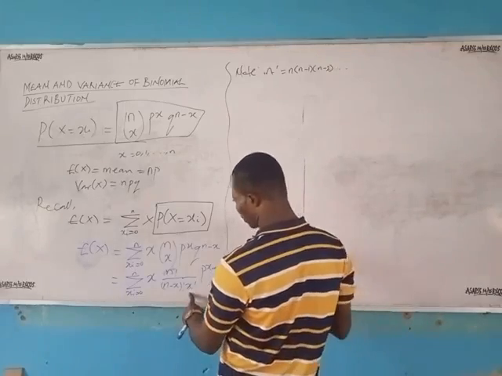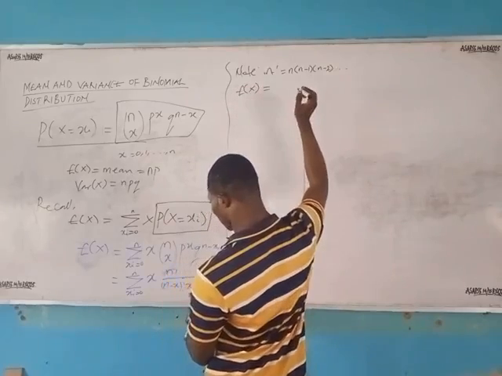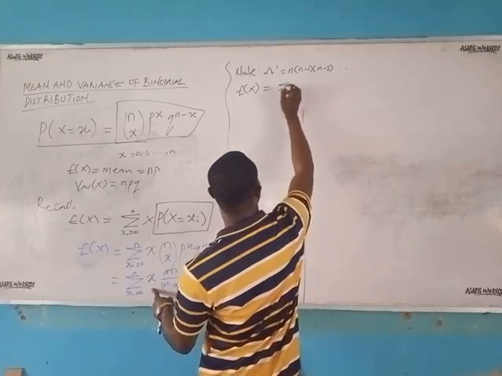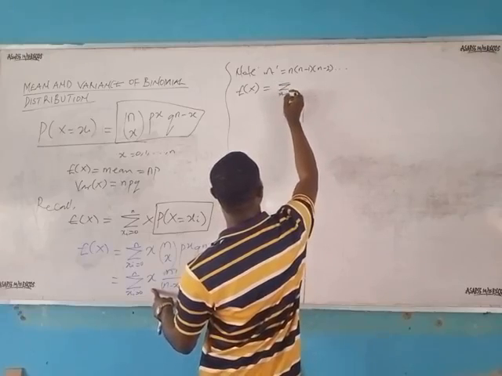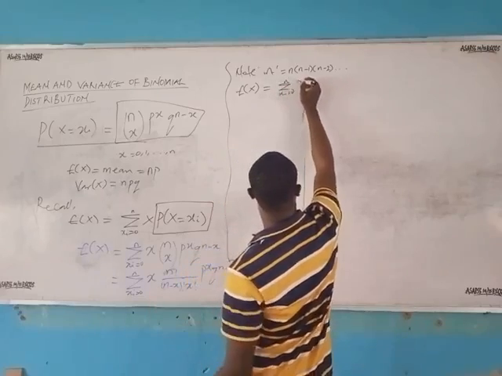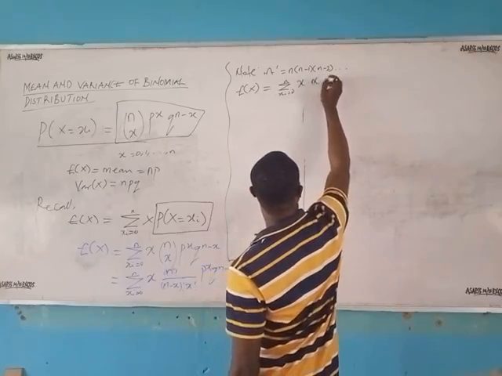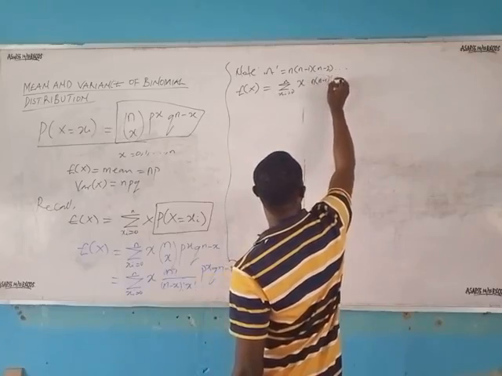So we're going to have expected value of x to be summation xi equal to 0 to n of x times, and we express this once as n into n minus 1 factorial.